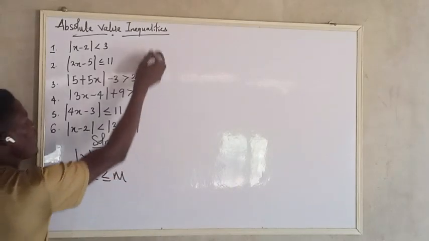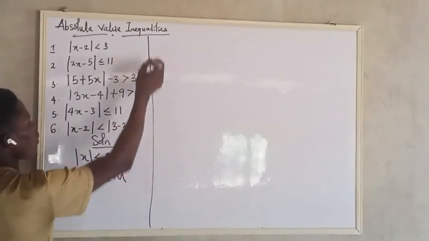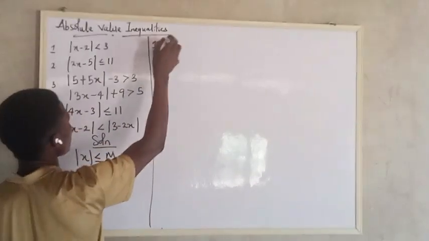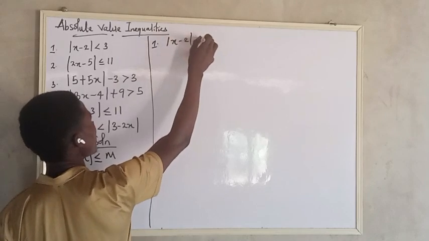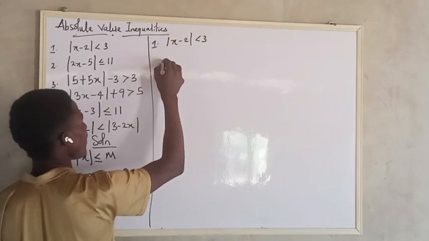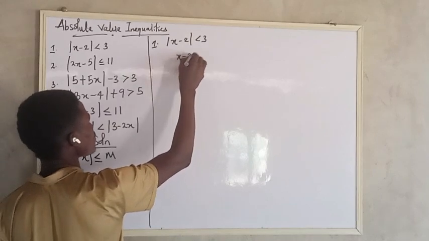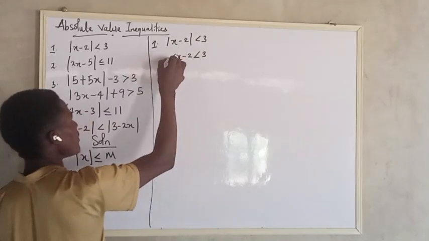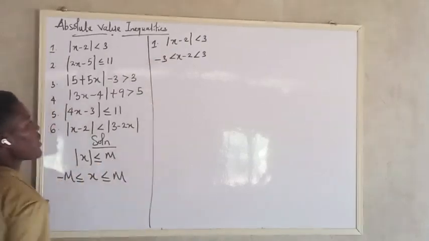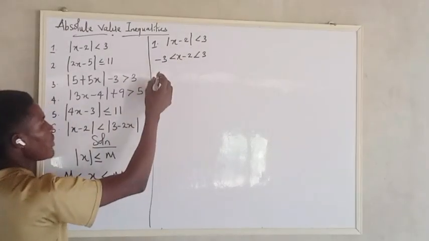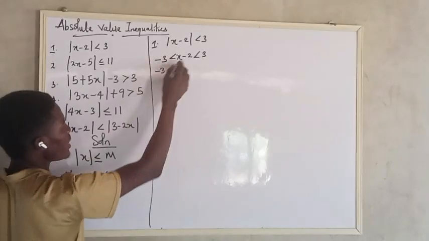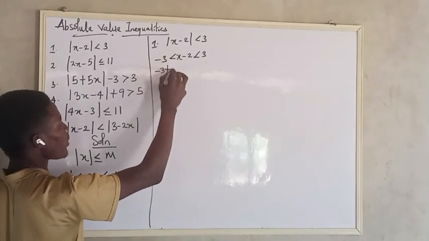For the first question, the absolute value of x minus 2 is less than 3. So I'm just going to have minus 3 less than x minus 2 less than 3. Can you see that now? Then from here, make x the subject in the middle. The 2 crosses over to become plus 2.